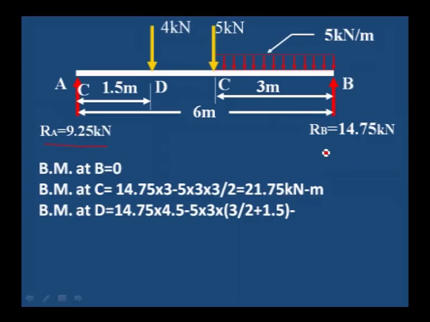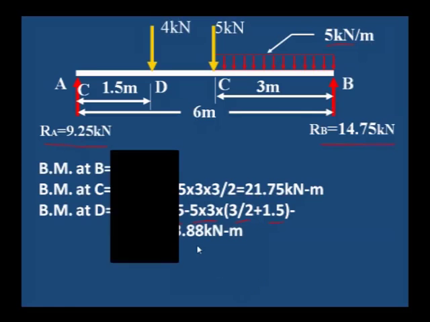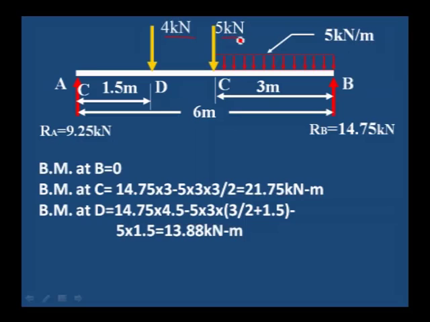Let us take from the right side, RB value 14.75 into distance from B to D is 4.5, 3 plus 1.5, 14.75 into 4.5, minus 5 kilonewton into 3, 5 into 3 is the 15 kilonewton, into distance 1.5 from D to C plus center of C to B, that is 3 divided by 2, 3 divided by 2 plus 1.5, that is the distance of the uniformly distributed load from D, minus one more load is there, that is 5 kilonewton into distance from D to C is 1.5, 5 into 1.5.